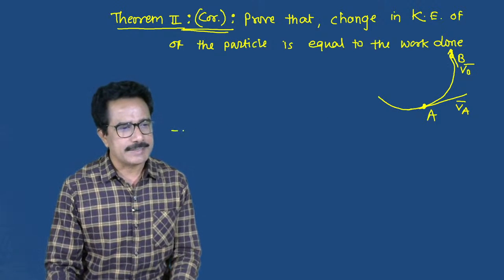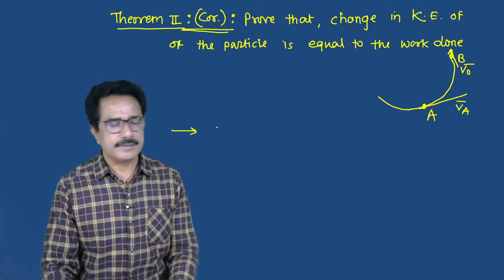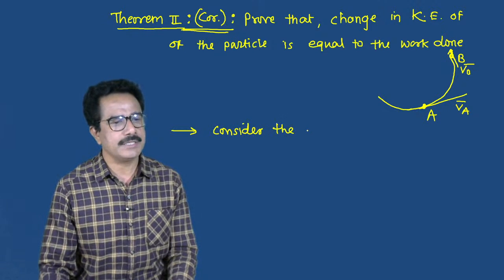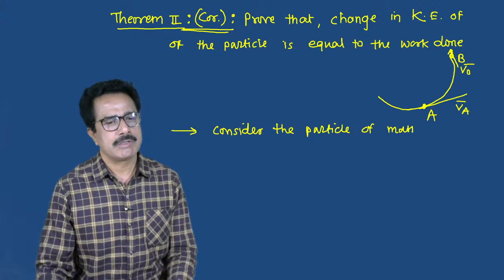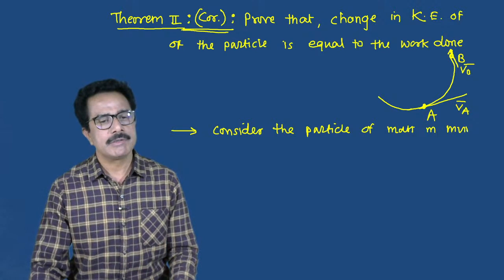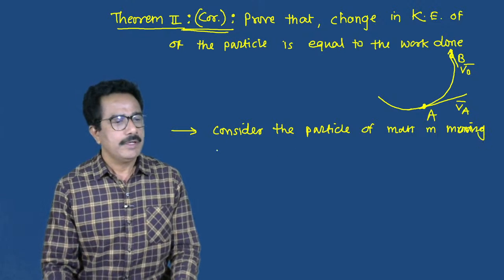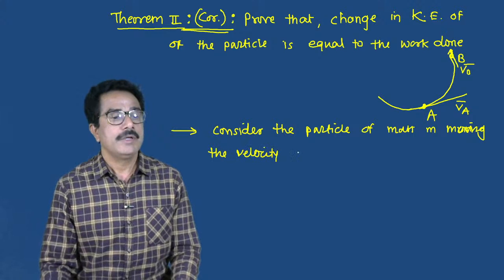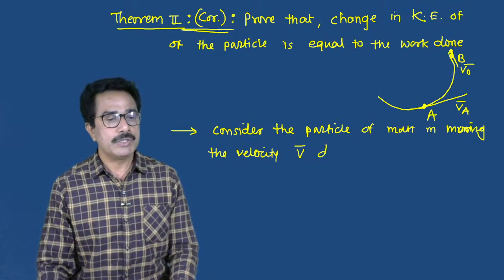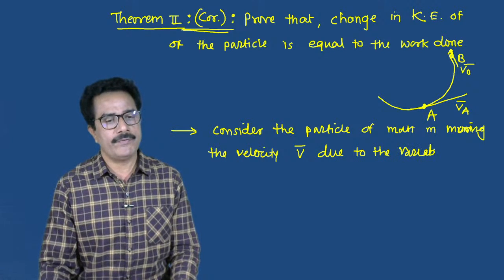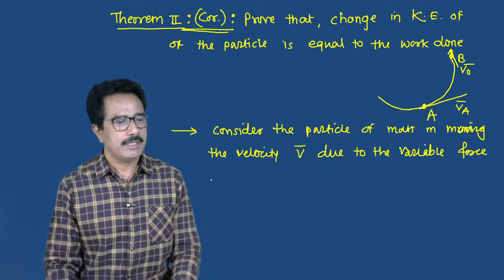So we can write this. Consider the particle of mass m, moving with the velocity v bar due to the variable force F bar.